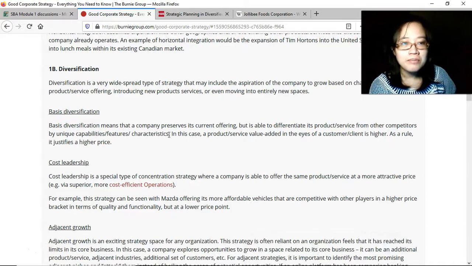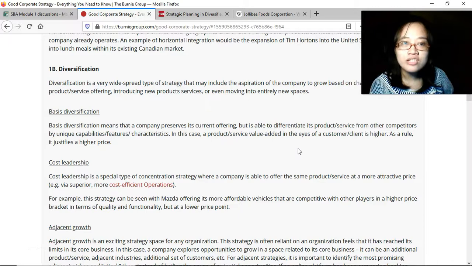All right. Basis diversification. A company preserves its current offering, so they have their existing, it remains there, but is able to differentiate its products or service from the other competitors by unique capabilities, features, or characteristics. In this case, a product or service value added in the eyes of a customer client is higher.